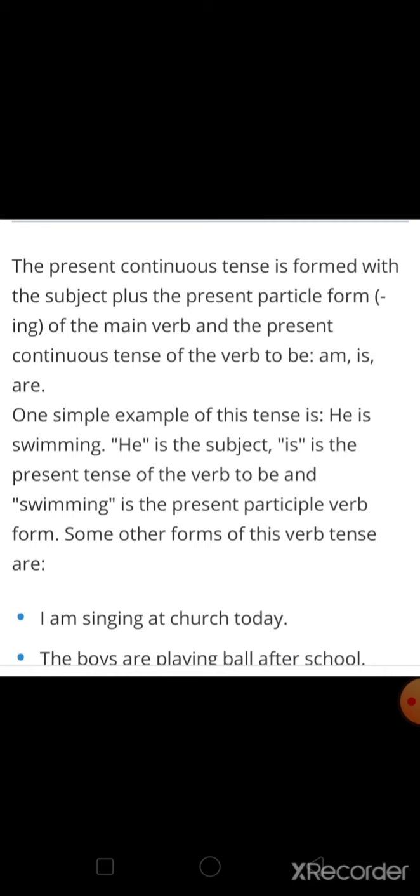One simple example of this tense is, he is swimming. He is the subject here, is is the present tense of the verb to be, and swimming is the present participle. Some other examples are, I am singing at church today. The boys are playing ball after school. Okay, means in the continuous one you will use ing.